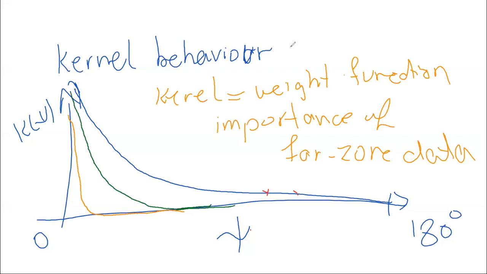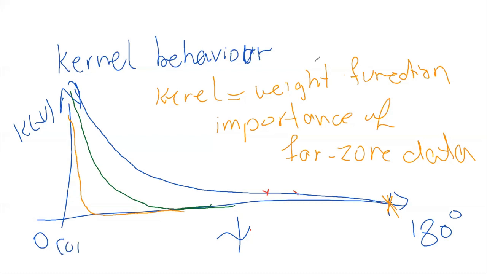For example, in the blue curve that I have, you see that the kernel doesn't get close to zero even up to 180 degrees. It means that the data for this type of kernel are still important even if they are far from the computation point.